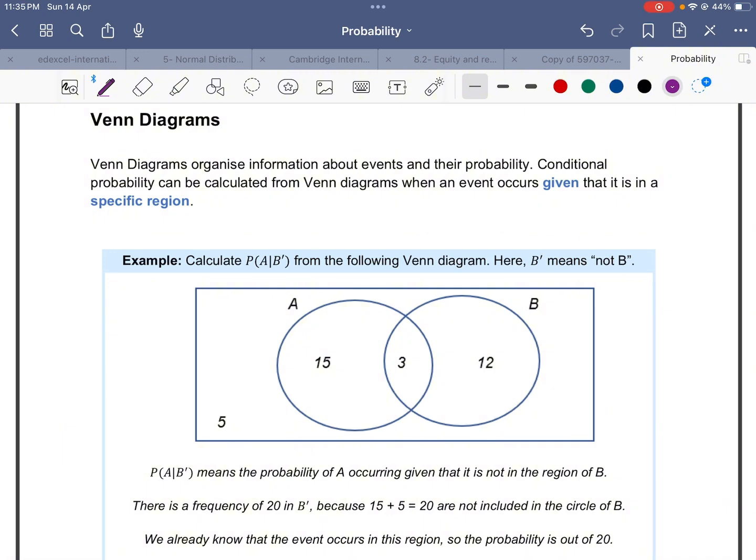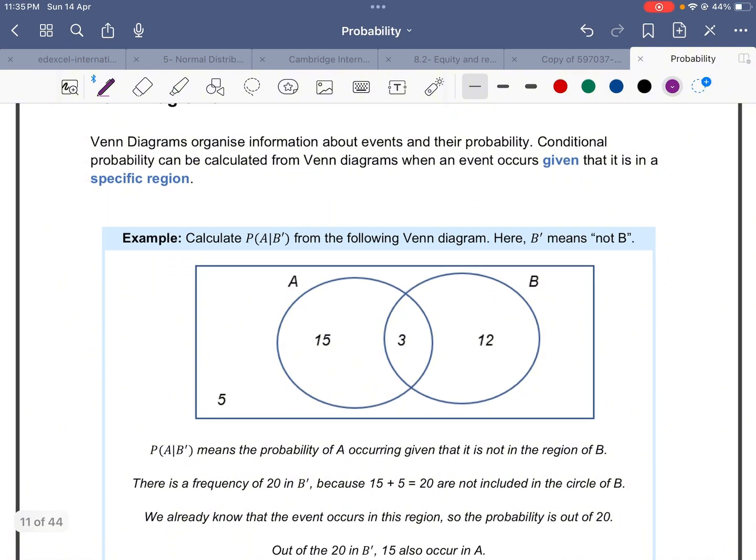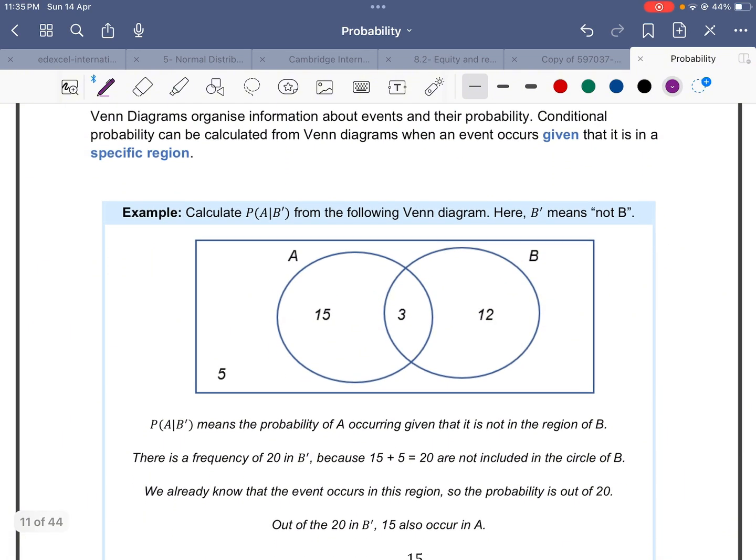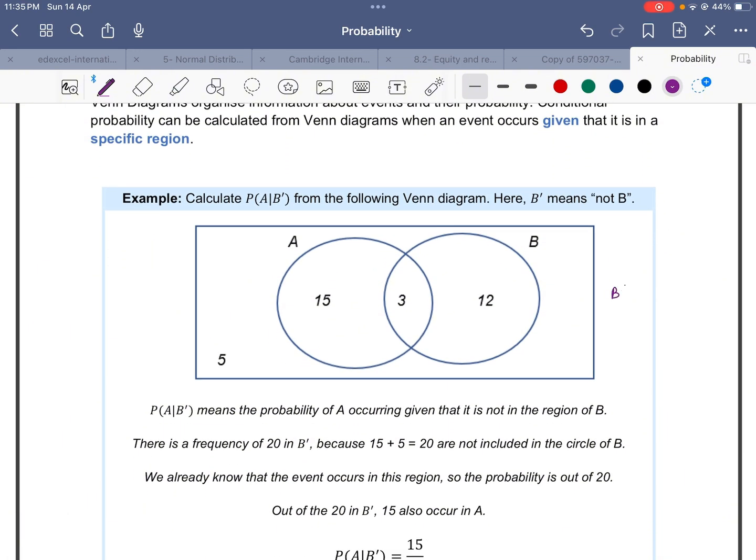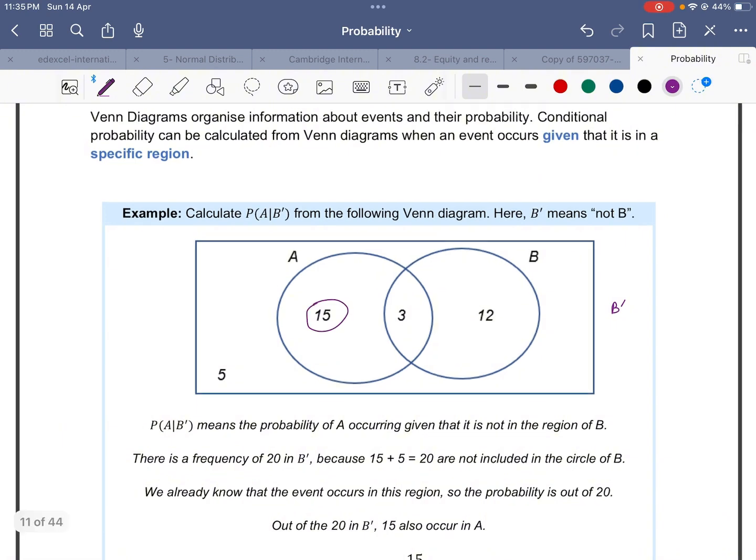Calculate A given that B complement, B dash, means not B. It means probability of A occurring given that it is not in the region B. So that will be 15 in the numerator.